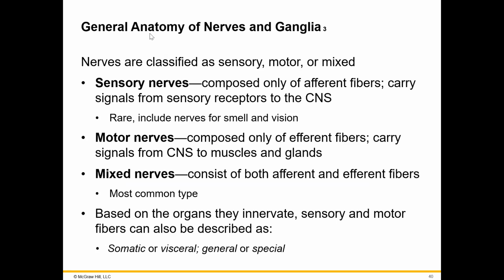The motor nerves are composed only of efferent fibers that carry signals from the central nervous system to the muscles and the glands. There are mixed nerves that consist of both afferent and efferent fibers. They are based on the organs they innervate. Sensory and motor fibers can also be described as somatic or visceral, and general or special.